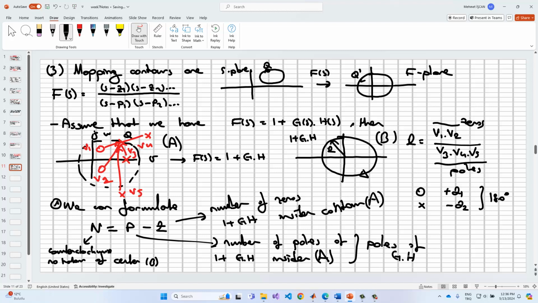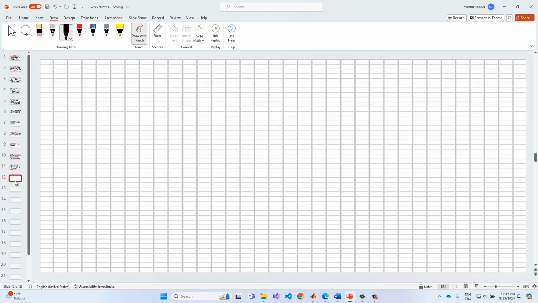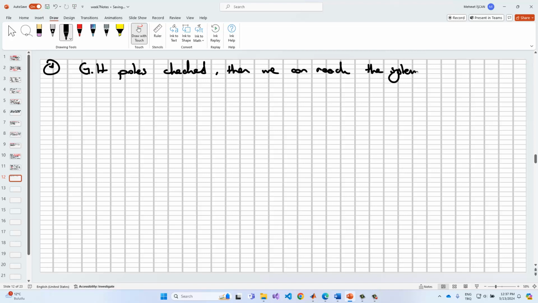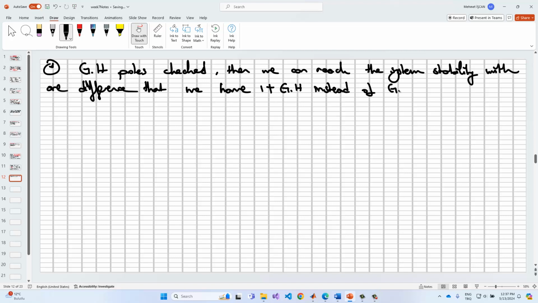The 1 plus GH and GH have the same poles in here, and so we can conclude that if we check the GH poles, then we can reach the system stability, because it's also the closed loop poles of these systems, with our difference in here, that we have 1 plus GH instead of GH, so we should add -1 for rotations.